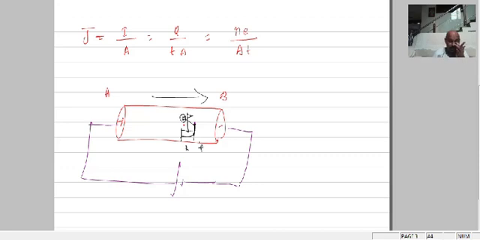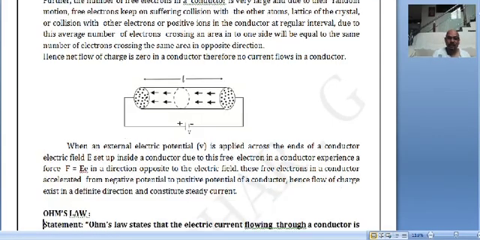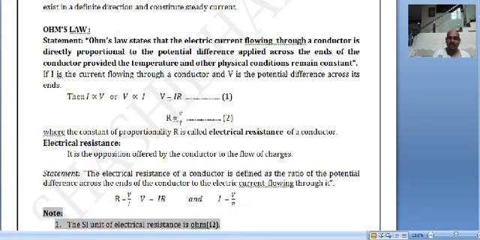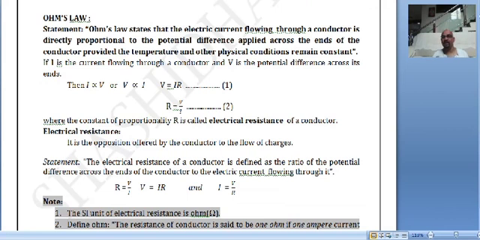So, dear students, you might have understood what is electric current now, and how electric current flows in a conductor. That is an important aspect, remember that. Now, coming to Ohm's law. You might have studied Ohm's law in your 9th standard or 10th standard.